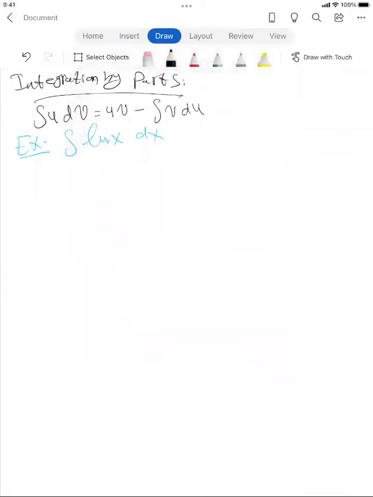So I'll set my u to be natural log of x, then du equals 1 over x dx, and dv equals dx, then v simply equals x.